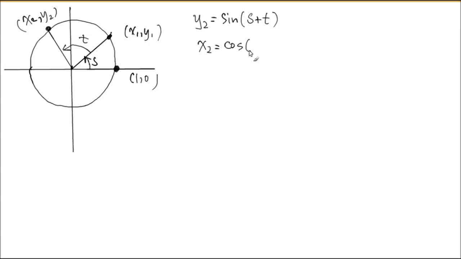Cosine of s plus t. Alright? So that's what we wanted to know. What we're going to do is that you use the matrix, go one step at the end of the s radian, and from there we go one more to t radian. So what is the first point? s radian rotation is the first step we're going to do. The point is written vertically like this, 1, 0, right?